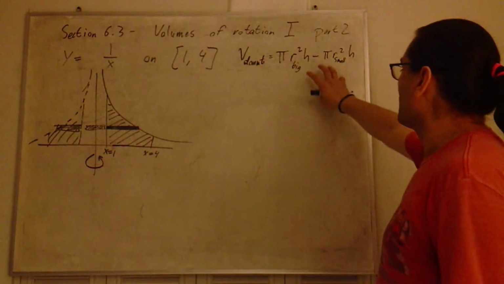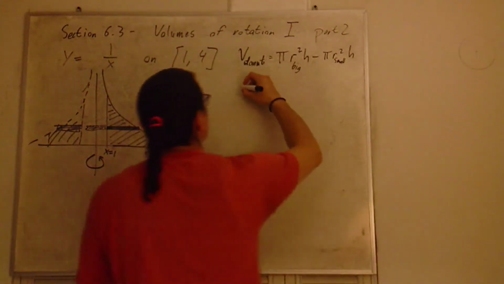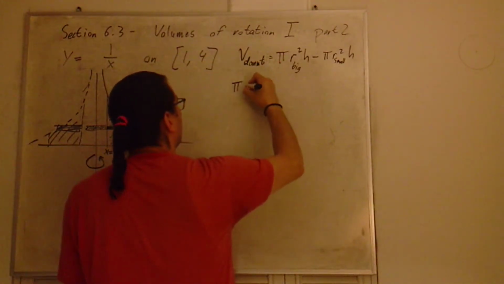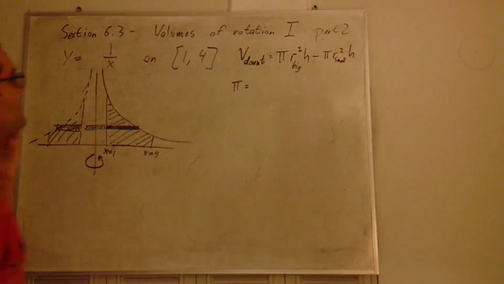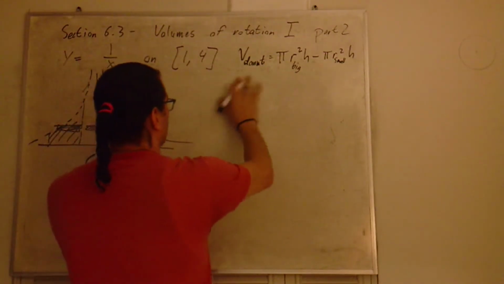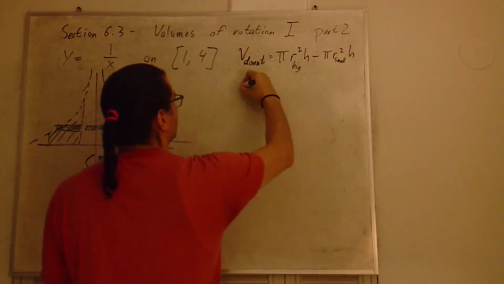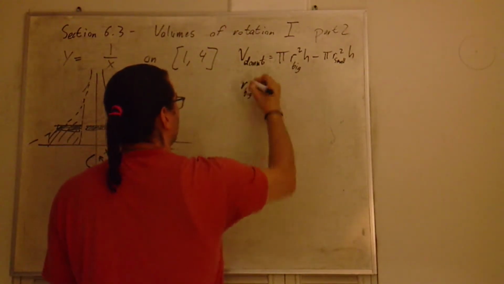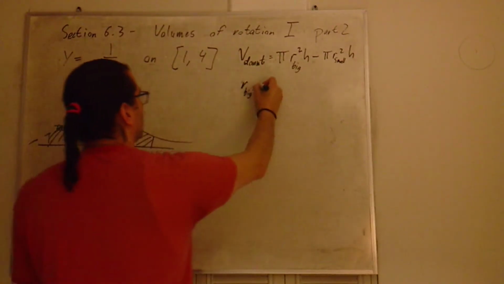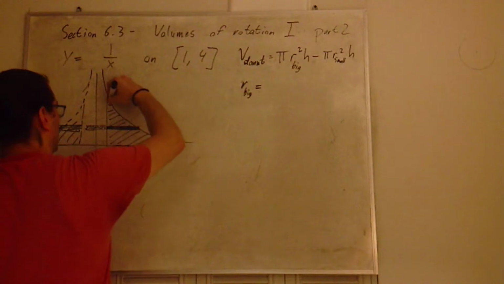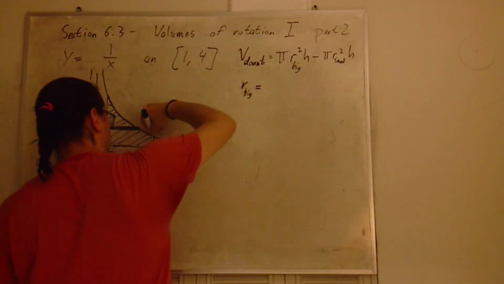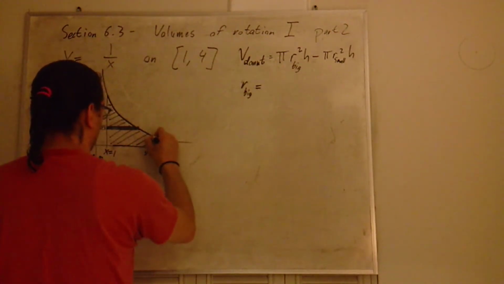So we need to figure out what all of these things are. Pi is going to be, well, I don't have to tell you what pi is, you know what pi is. R big is going to be, for the most part, the function up until about here.